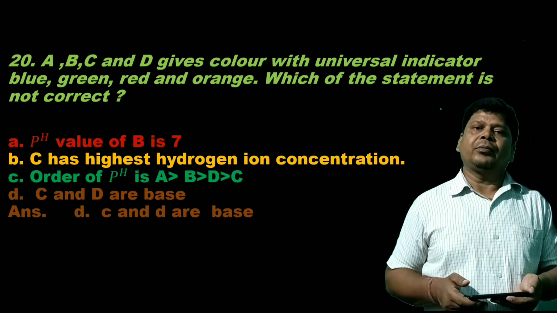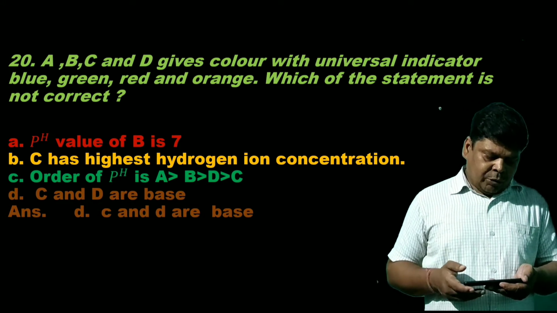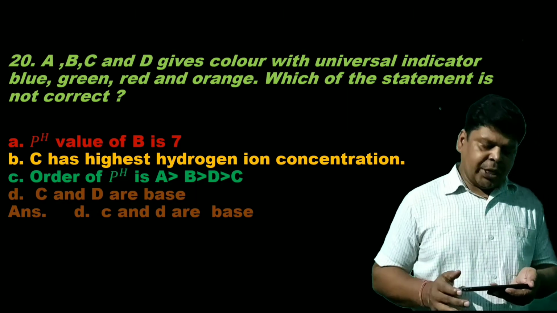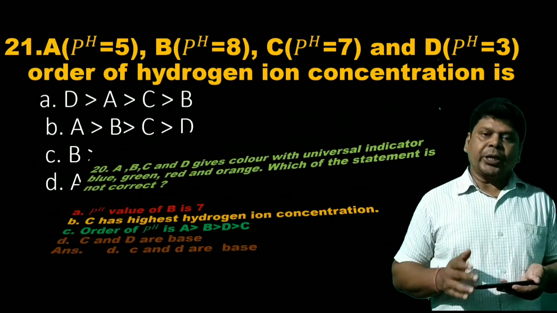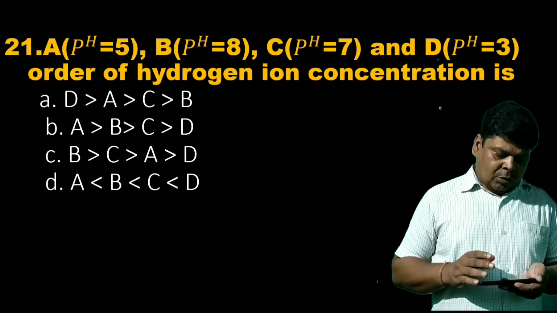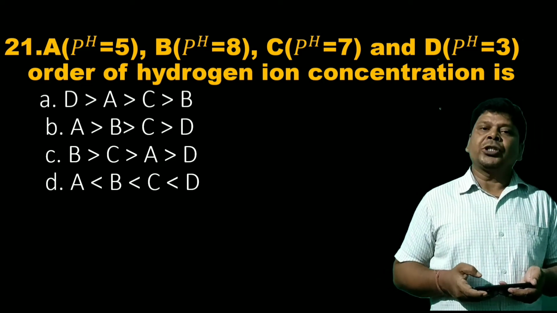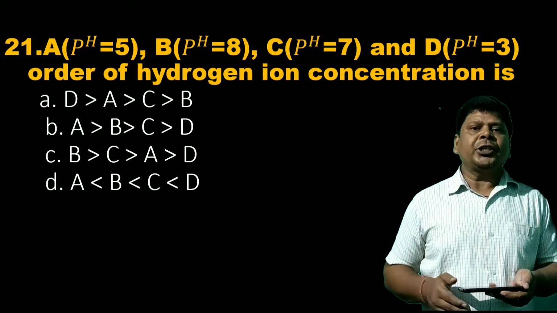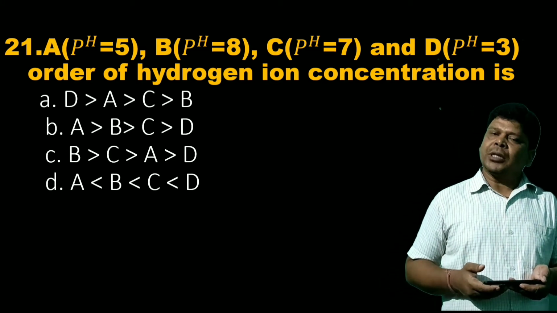Now 21 question is A, pH is equal to 5, B, pH 8, C, pH 7, D, pH 3. Order of hydrogen ion concentration we have to write here. Minimum the value of pH, higher the H plus concentration.